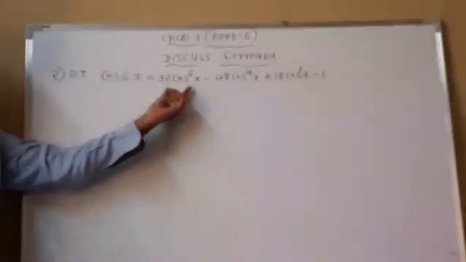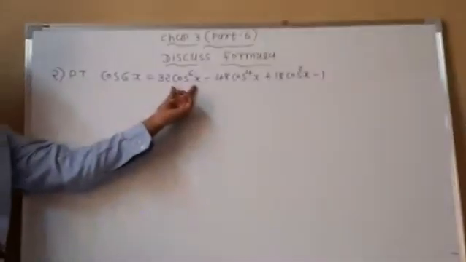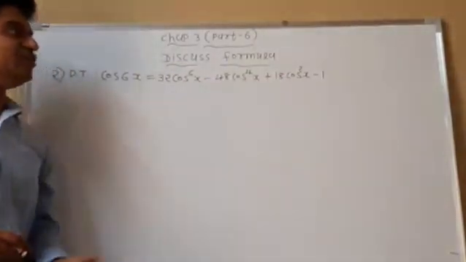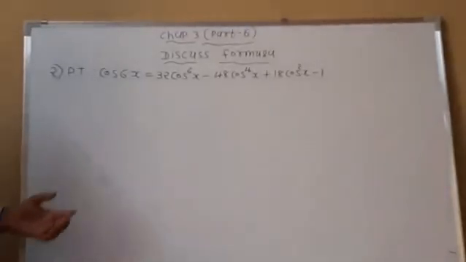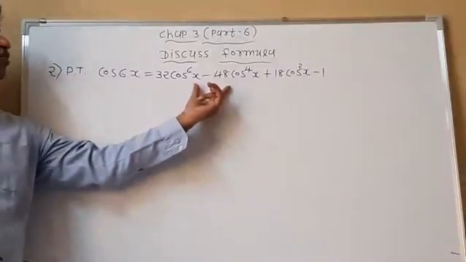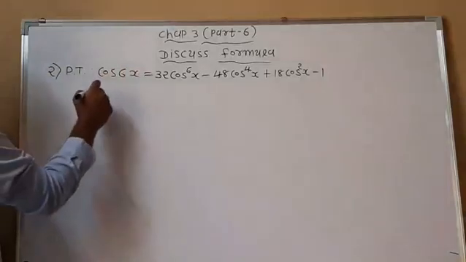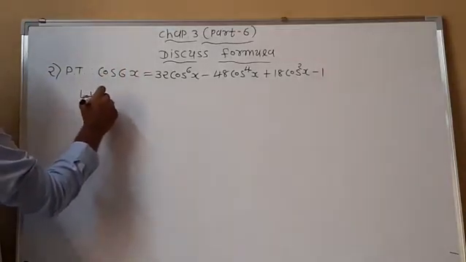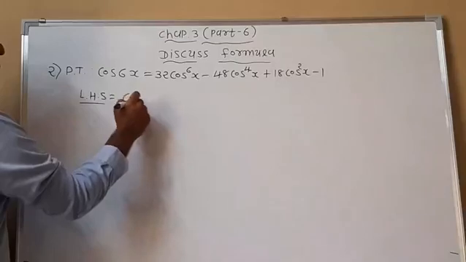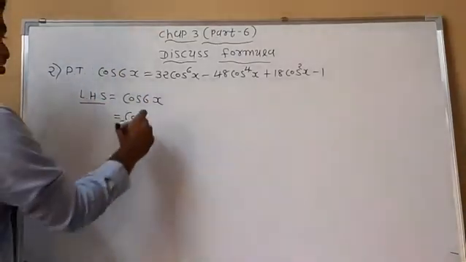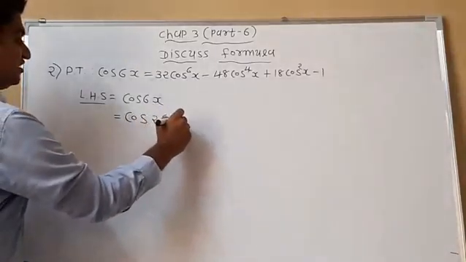Our next question: prove that cos 6x is equal to 32 cos raised to 6x minus 48 cos raised to 4x plus 18 cos square x minus 1. Now see here, in this question the proof is in cos form, so here we use only the cos form formula. So first start from the LHS side. Cos 6x is equal to cos 2 into bracket 3x.